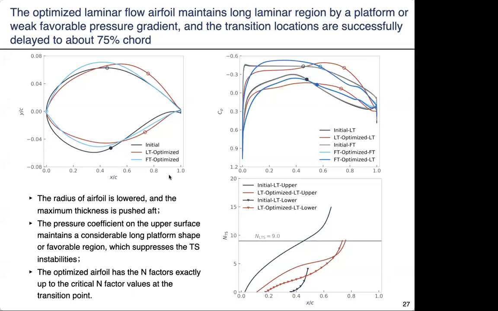For the optimized airfoil, the curvature of the airfoil is lowered and the maximum thickness is pushed out. Finally, it results in a pressure distribution presenting firstly a plateau and then a weak pressure gradient. This suppresses the Tollmien-Schlichting instability and moves the transition location aft.